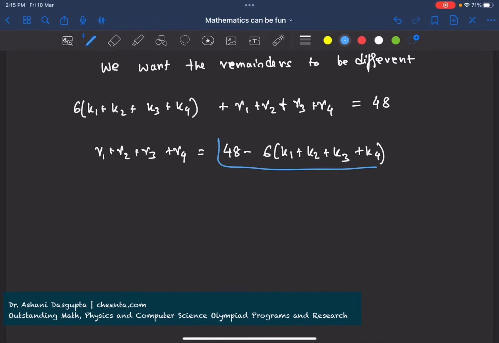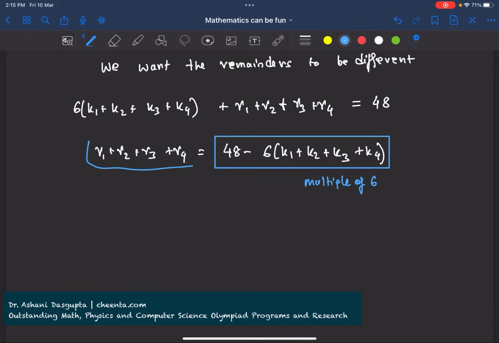Notice that the right hand side is a multiple of 6. So it's 6 times some number. Which means the left hand side is also a multiple of 6.